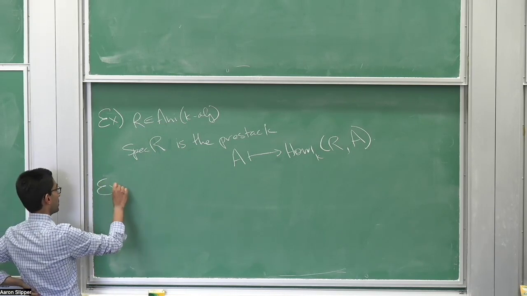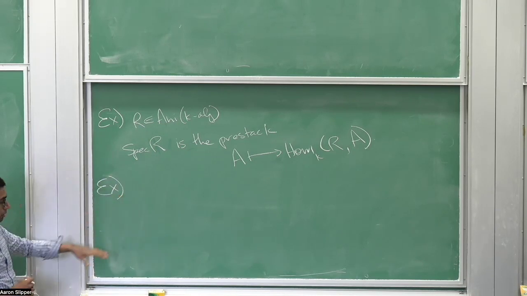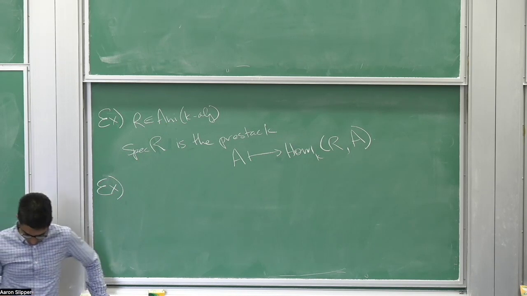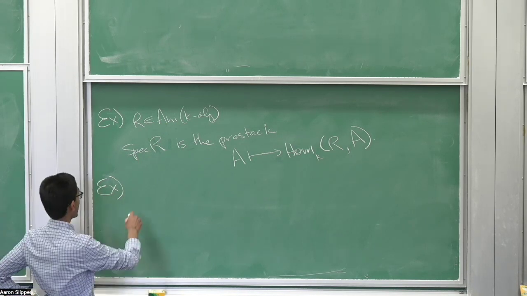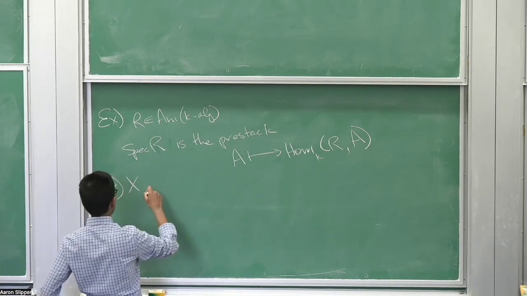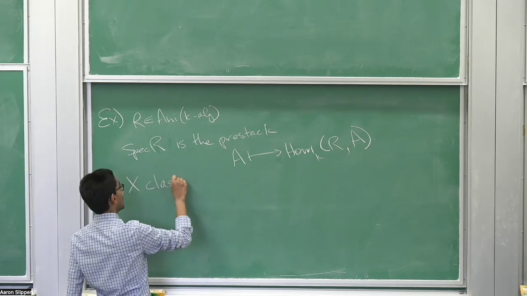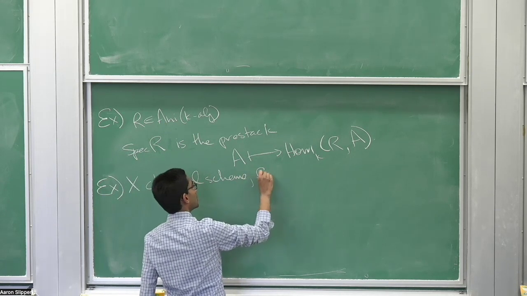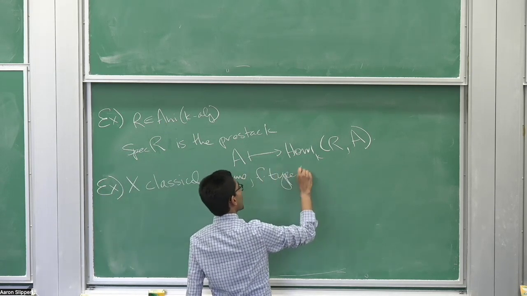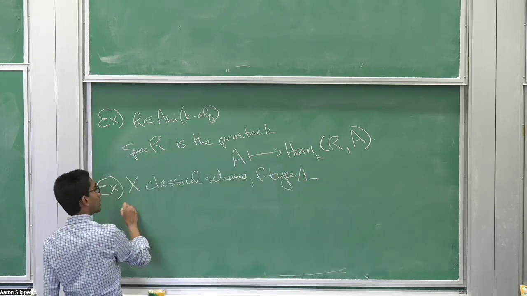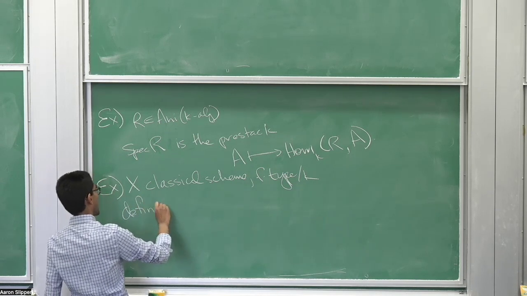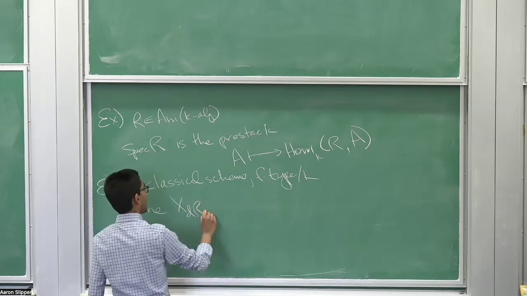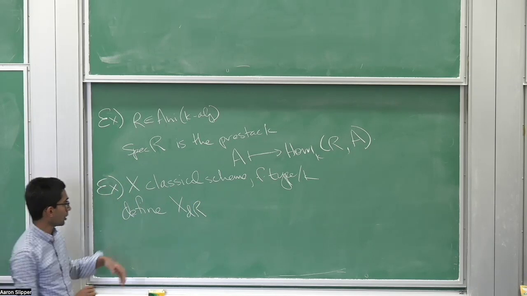Okay, so another example: let X be a classical scheme of finite type over K. Then define the de Rham prestack of X as follows.